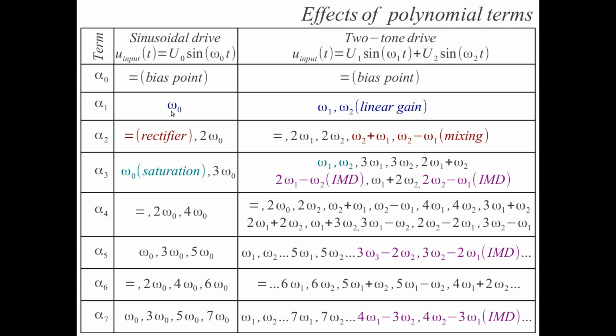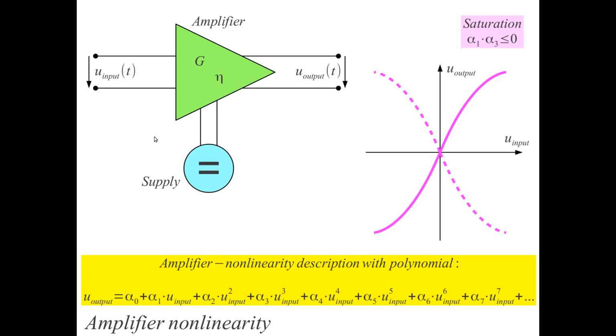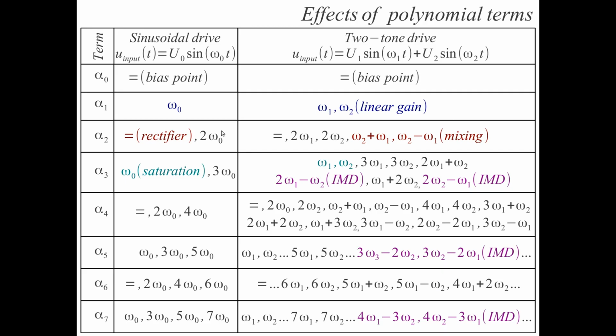Alpha 1 generates the same frequency, the sine of omega 0 t. Alpha 2 is responsible for two effects. It is responsible for rectification. So all rectifiers should have a quadratic response, and it is also responsible for the second harmonic generation. We always get both of them at the same time here. We get the second harmonic coupled to the rectification effect.